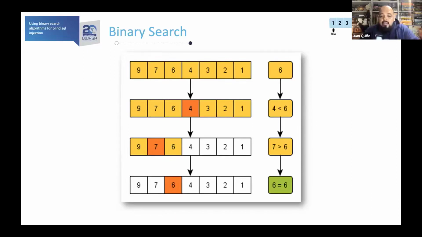Depending on the answer, we go to the part where the data we are asking for is, and then we find a new middle, and we continue as many times as necessary to get the correct data.